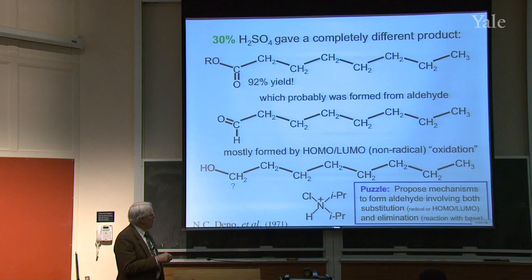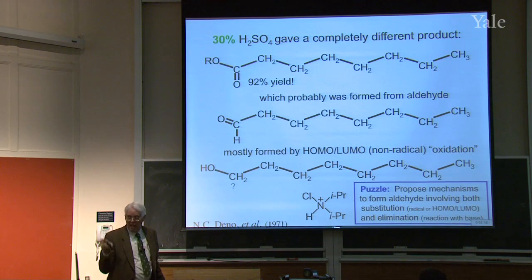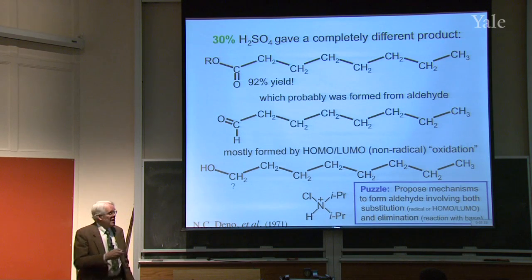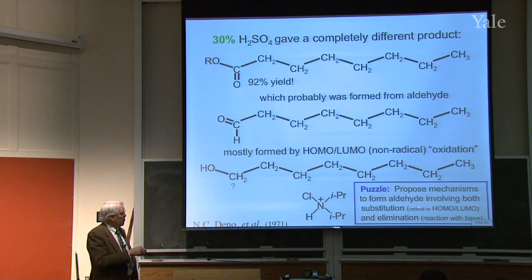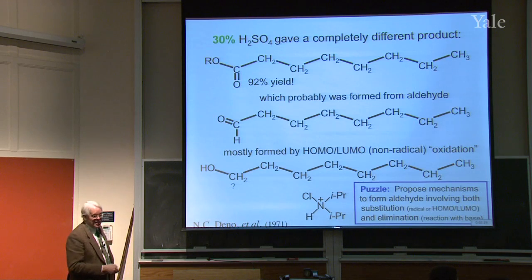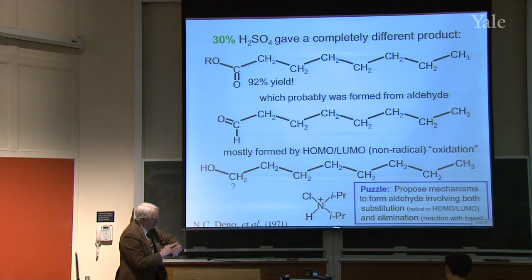Now that substitution reaction could either be the radical substitution, this mechanism going like that, or it could be a HOMO-LUMO reaction. I've said you could get together and work on this in groups. I think you should be able to do both of these, the free radical substitution and the HOMO-LUMO, that together with elimination, removing HX, gives rise to the aldehyde. So see if you can figure out why at 30% sulfuric acid you get a completely different product.